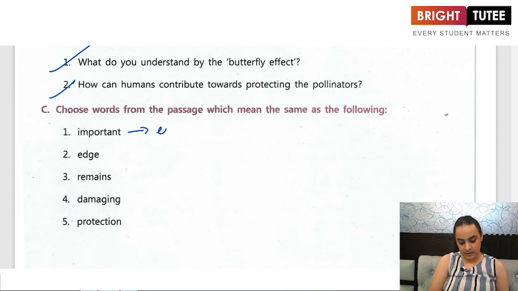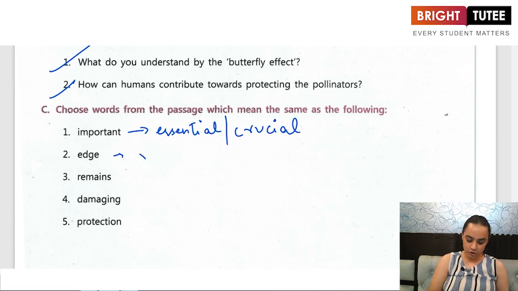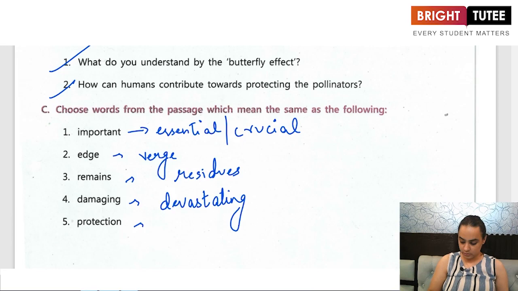Important: there are two words which can mean important, essential and crucial, so any of these two can be used. Edge is verge, remains is resume, damaging is devastating, and protection is sponsor.